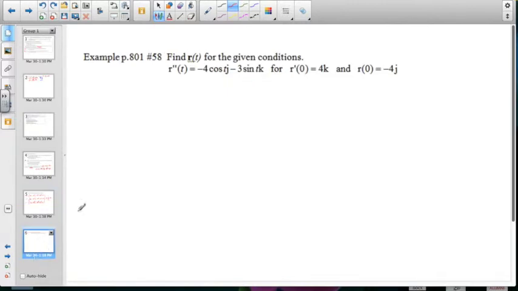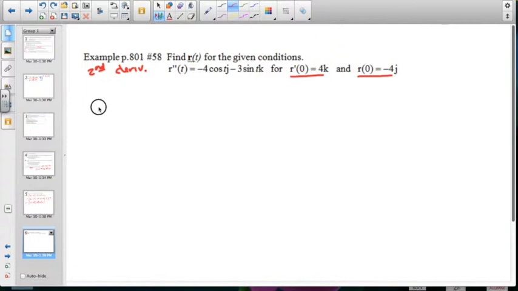As we look at the next one, now we have some initial conditions here. We have an initial condition for the derivative, and we have an initial condition for the function itself. So in this situation, we're given the second derivative. So here's our second derivative, and we want to find the function for the given initial conditions.